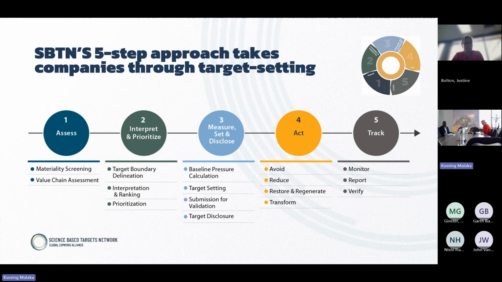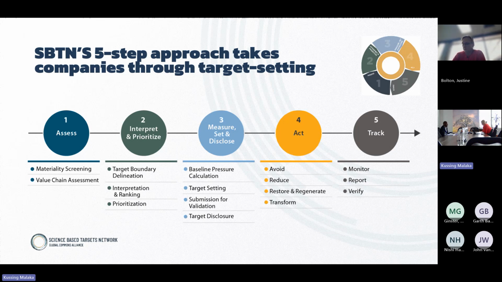Each company will go through their value chain and identify their activities, and identify those activities through the value chain that have material pressures on the environment. In step 2, which comes later on, you start prioritizing which of the activities you are going to focus on, and then you set targets on the prioritized activities in step 3, and then you start acting on those pressures in step 4.